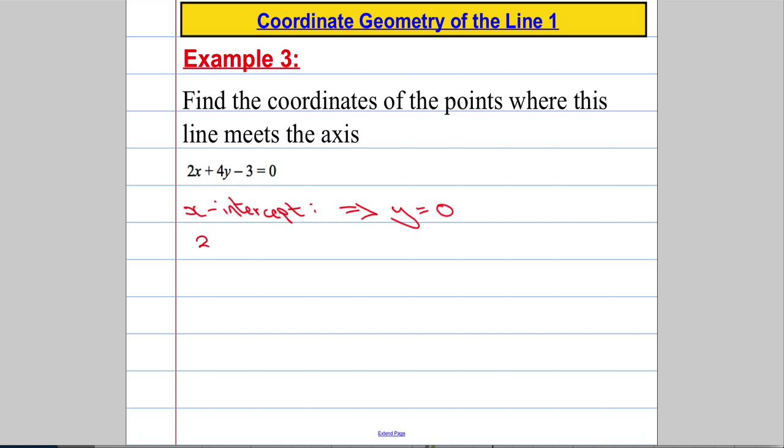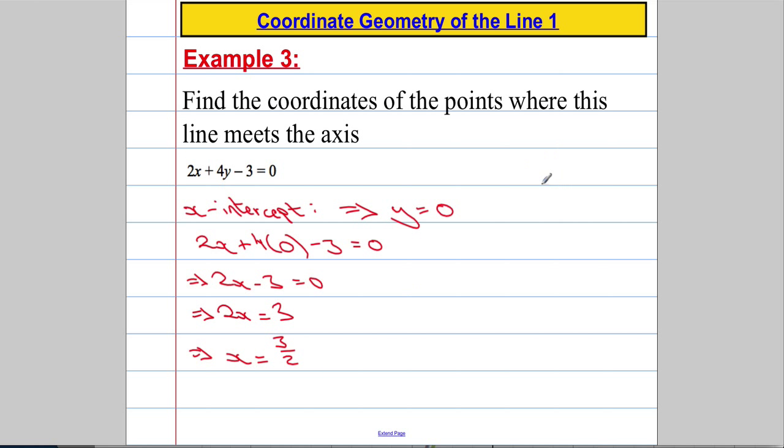So we get 2x plus 4 times 0 subtract 3 is equal to 0, which implies that 2x subtract 3 is equal to 0, which implies that 2x equals 3, adding 3 to both sides, and then dividing both sides by 2. So x equals 3 over 2.